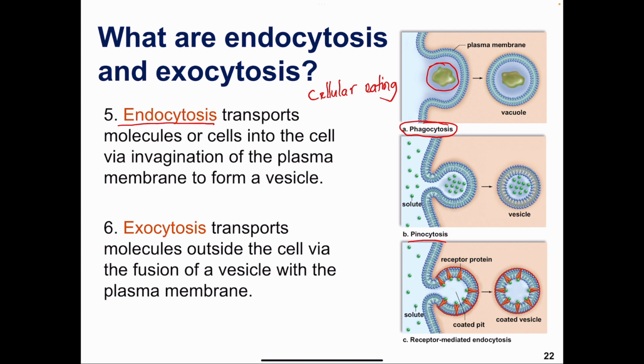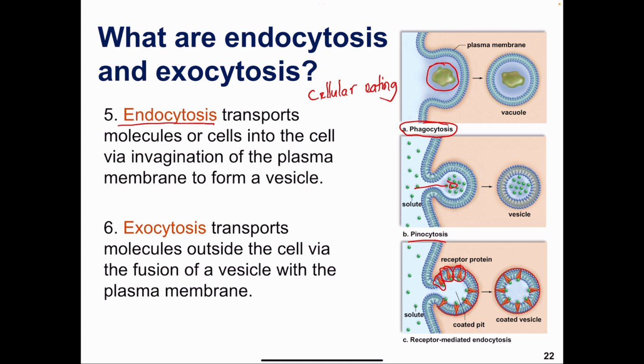So there is a cellular process by which we can bring some droplets inside of the cell by way of pinocytosis, or cellular drinking. There is another endocytosis that requires the presence of receptors.